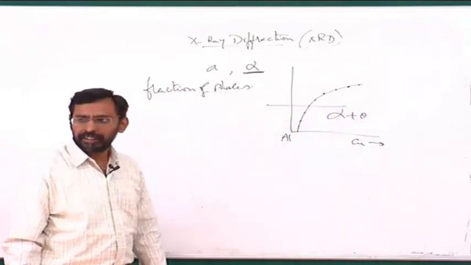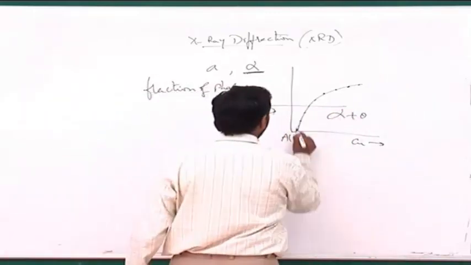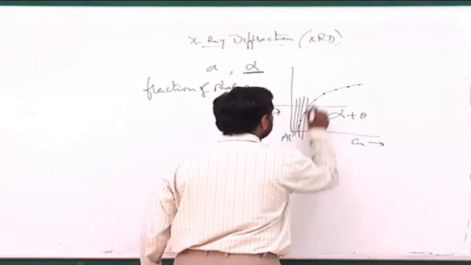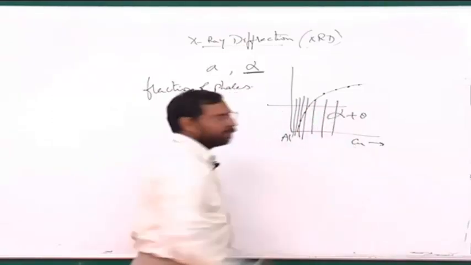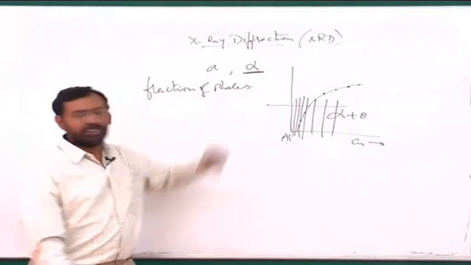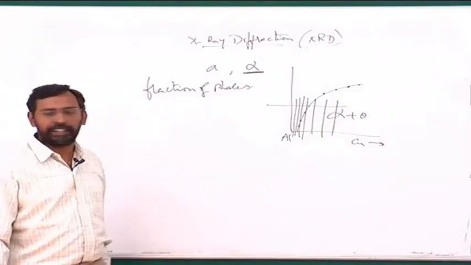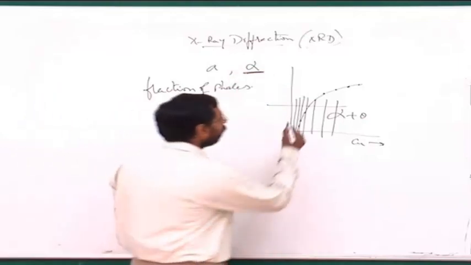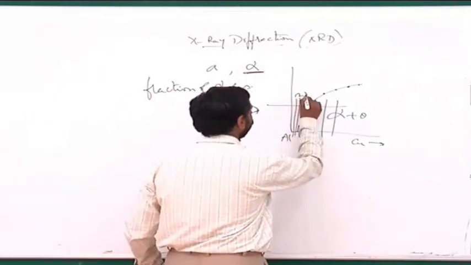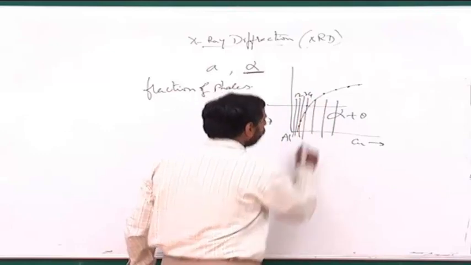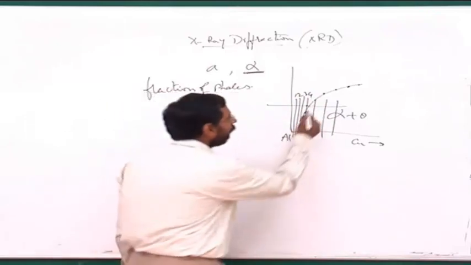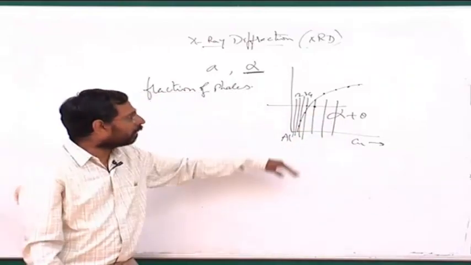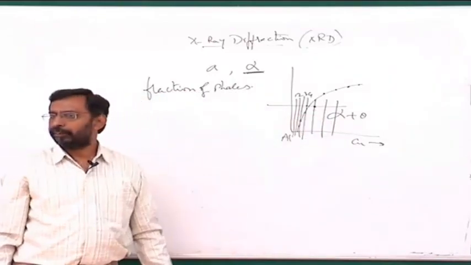At this temperature, I take a number of alloys like this, heat them again to the same temperature like we have done in the last class, and quench them from there. I see that these four alloys 1, 2, 3, 4 are all single phase when they are quenched, but alloy number 5 is not a single phase because at that temperature it has alpha plus theta.